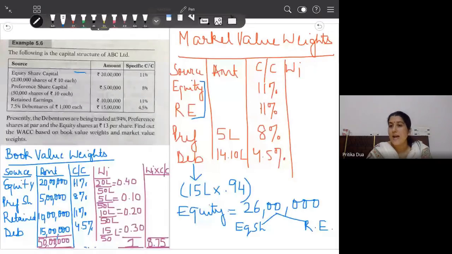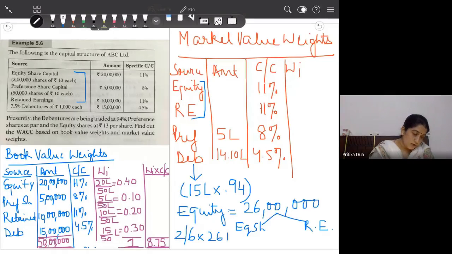That will be the ratio in which you will divide equity and retained earnings. So 26 lakh into 2 by 3 will give you the equity share capital market value, and market value of retained earnings will be 1 by 3 into 26 lakh. Okay, so I'm writing it here. 2 by 3 into 26 lakh will give you the equity share market value, and 1 by 3 into 26 lakh will give you the weightage for retained earnings.